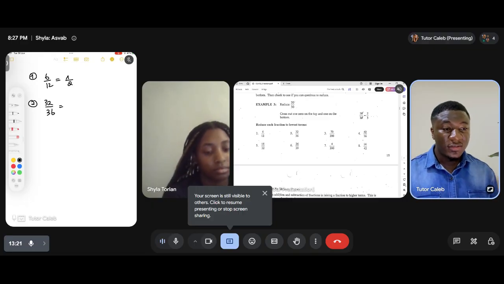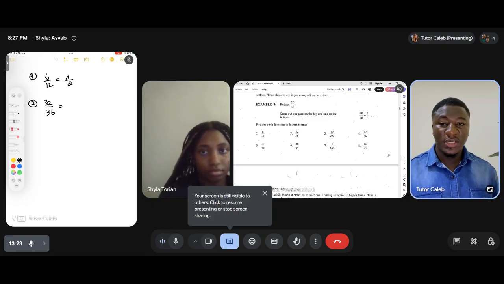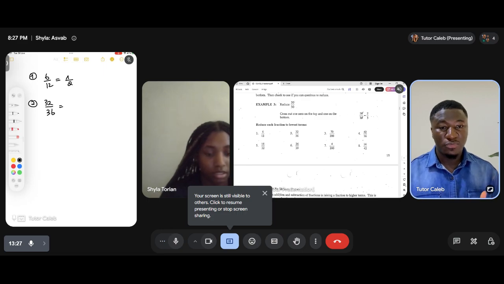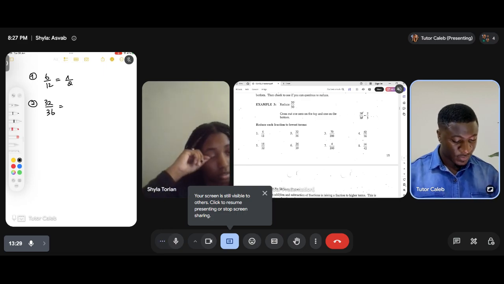You can break it down slowly. You don't have to do it directly. You can take, for example, 4. You can take 2. You can take something little and break it down gradually.